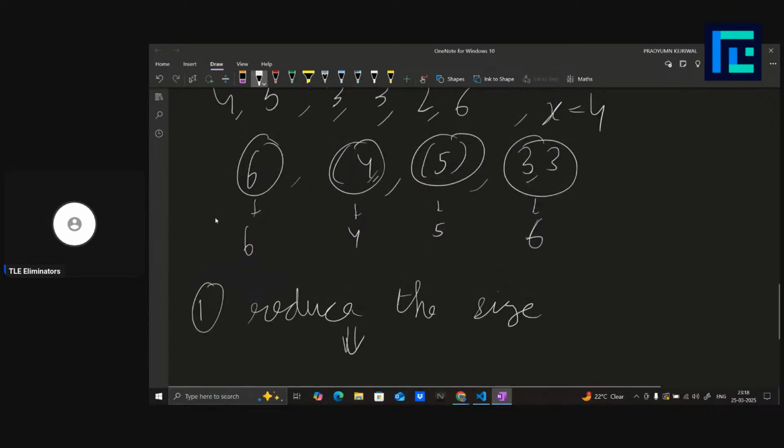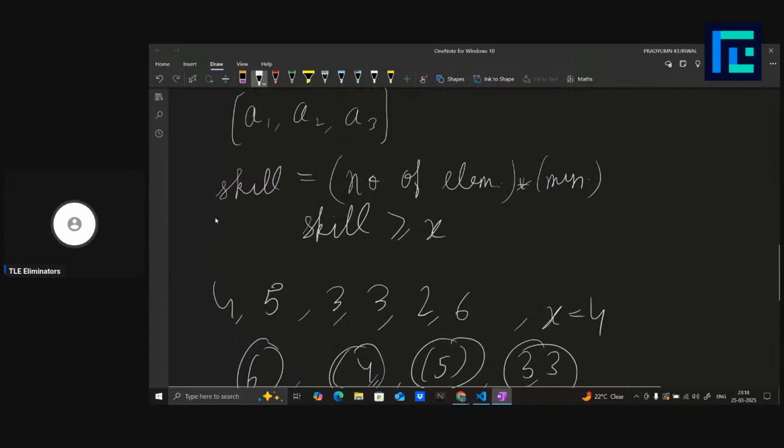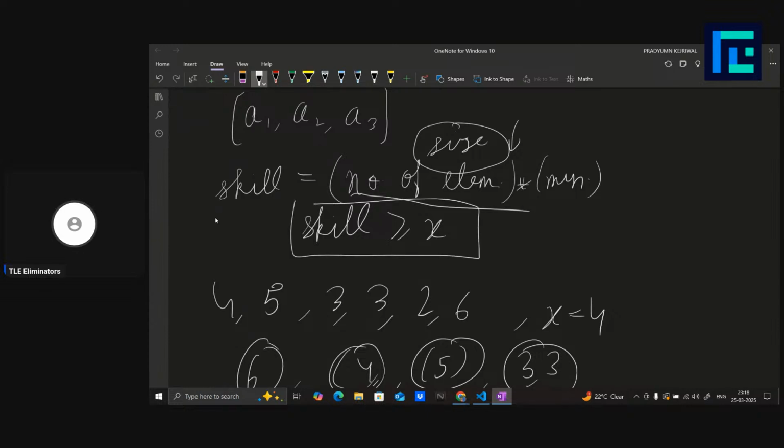Because basically the skill level is the number of elements, which is the size, into the minimum skill. So if we want to reduce this size, that is, take fewer students into our team, and we still want the skill to be at least x, then we would have to increase the minimum element, right?